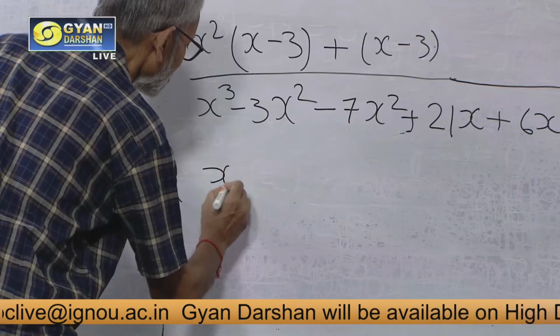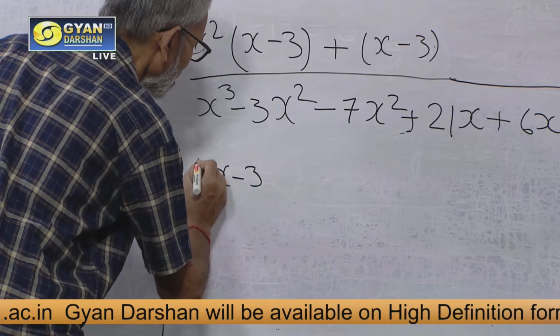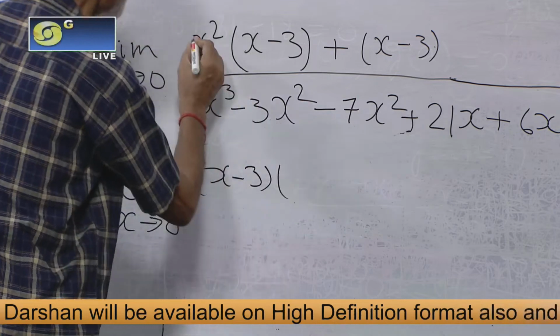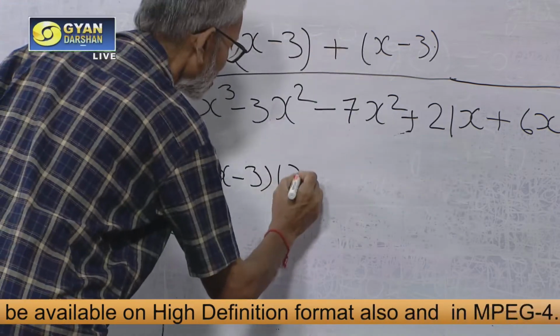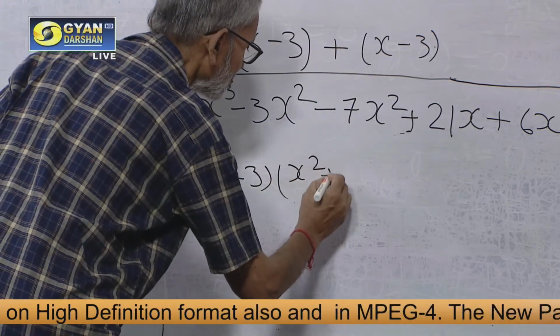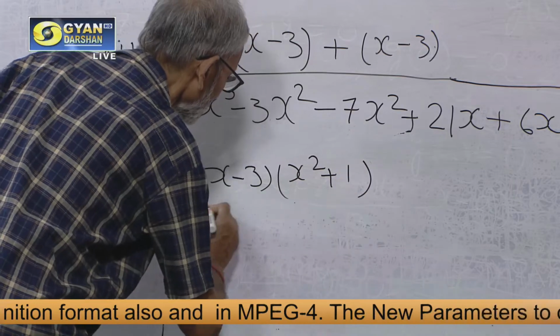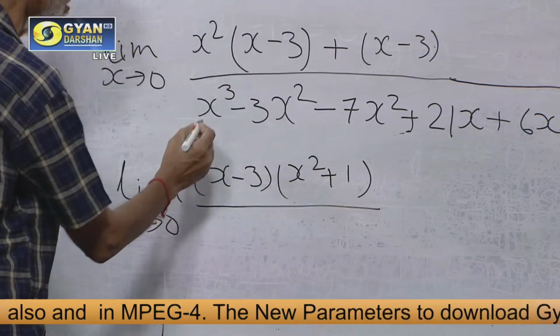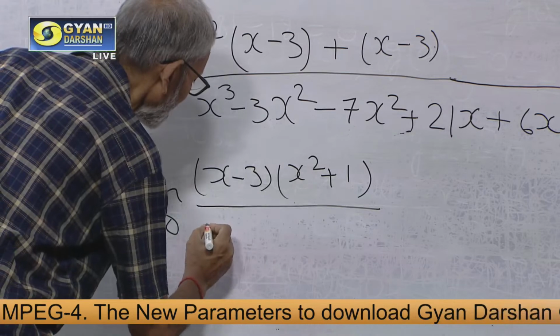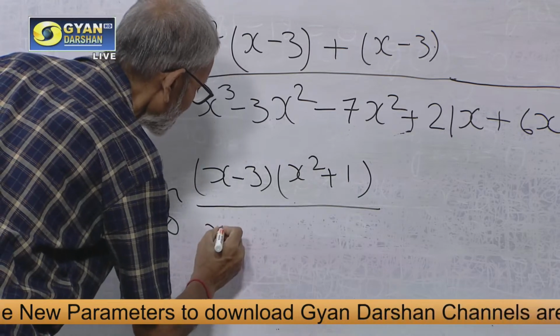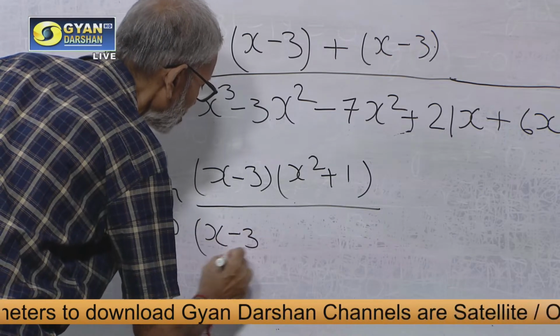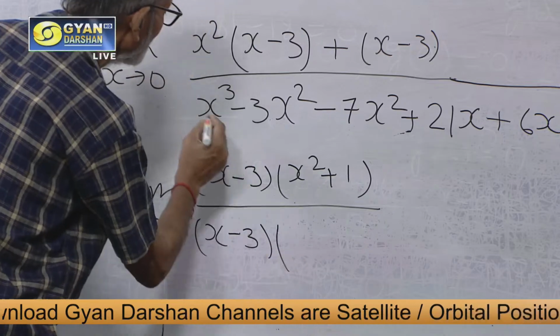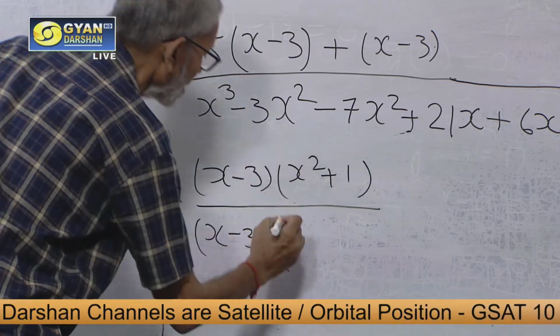We take x minus 3 common in the numerator, so it becomes x square plus 1. In the denominator, we take x square, and here also x minus 3 we will take common. So, we will take x square, it will become x minus 3.